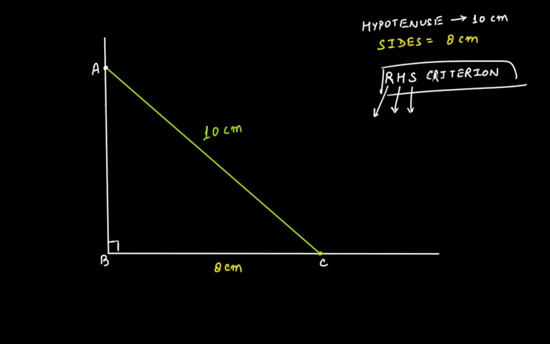So RHS criterion. So what all did we learn? We learned the side-side-side criterion, that is, two triangles having three sides equal are congruent. Then we learned side-angle-side, that is, two sides and the including angle.